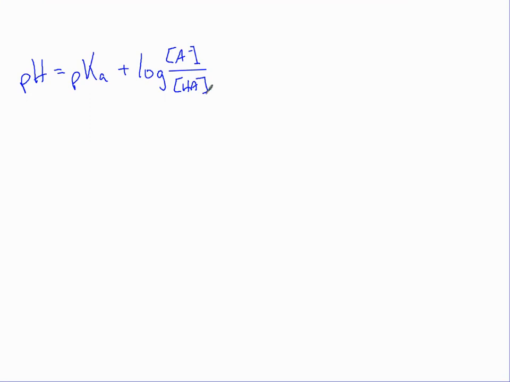So at the halfway point, I don't think you have this part written down. At the halfway point, this fraction of anion over acid, or conjugate base over the acid, equals 1.